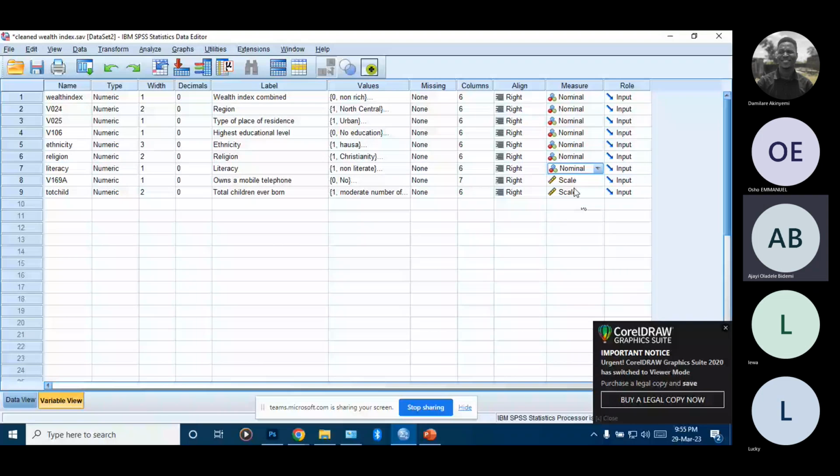Now, there are some assumptions that we should also consider before we do this analysis. One of them is that the dependent variable must be measured on a dichotomous scale, like I've said before.